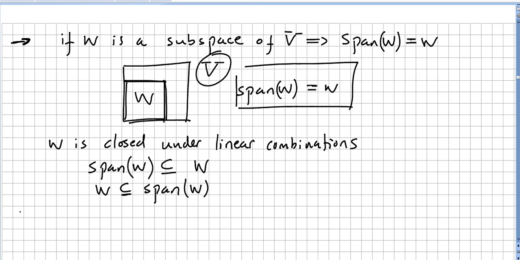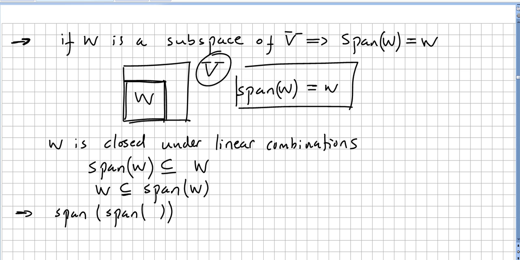And now that we know this, we can also check that the span of the span. I'm calling this W. Let me change this for S now.